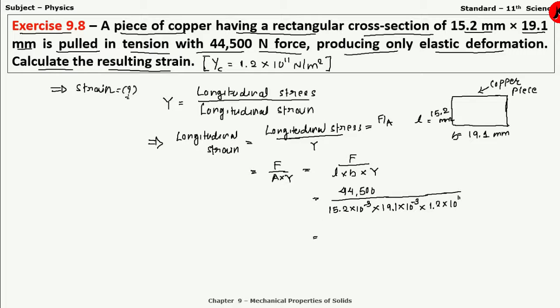By solving this, we will get the longitudinal strain, which is 0.00127, right? And if we convert into percentage, then it becomes 0.00127 into 100, and finally we will get 0.127 percentage.